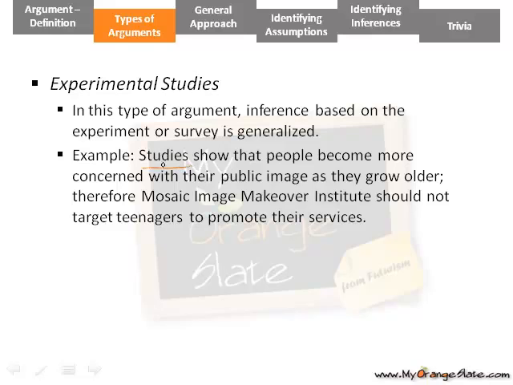Now, this focuses on one particular study or a few studies, which cannot be generalized for any agency operating anywhere in the world and catering to any age group in the market segment.